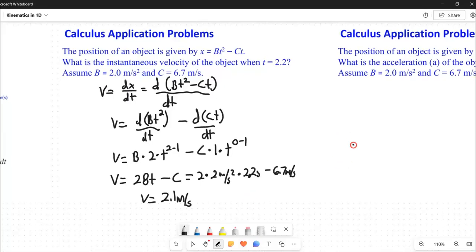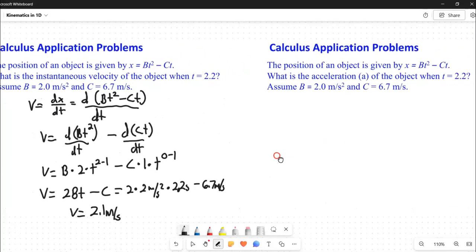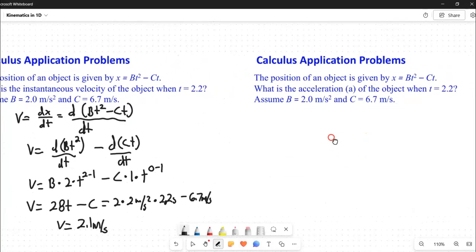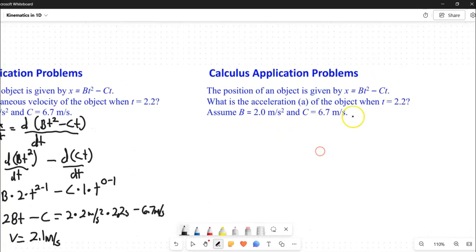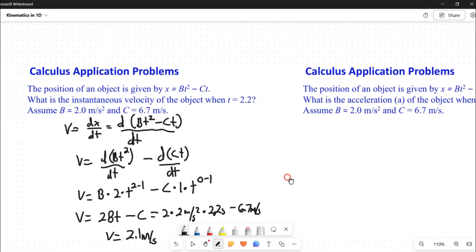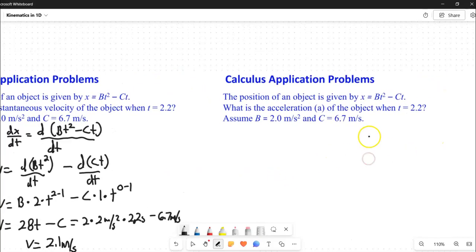Okay? Now, this part of the problem, they want to know what is the acceleration of the object. And it's the same problem. We want to know what the acceleration of the object is when it's at 2.2 seconds. Well, what we have to do is we have to do this twice.